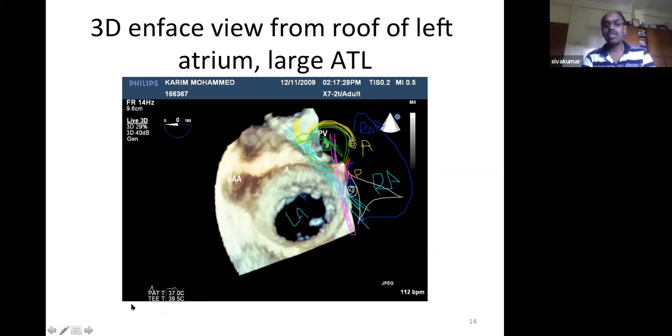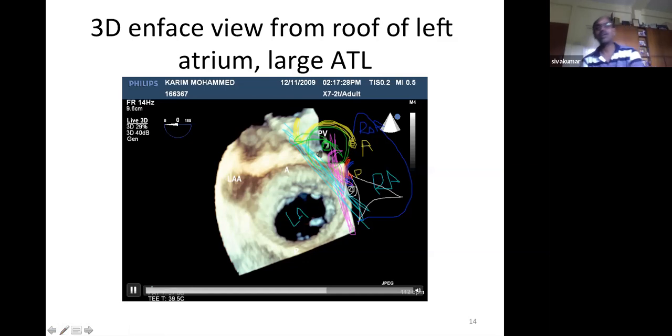So the posterior AV node itself will be able to enter, because the amount of malalignment becomes very negligible, because the angle between the atrial septum and ventricular septum, that malalignment narrows down progressively when there is severe pulmonary atresia. I hope you are able to follow.